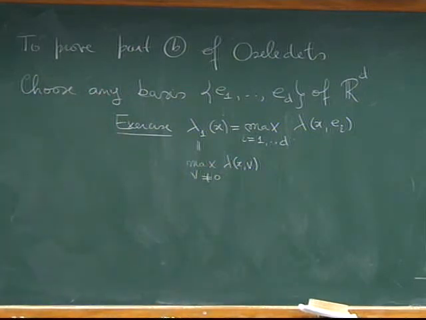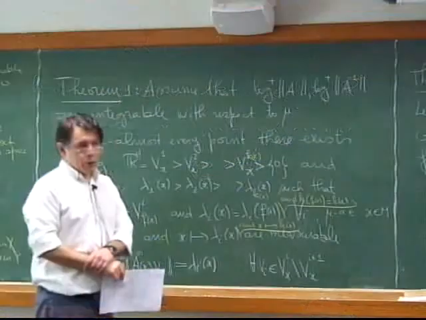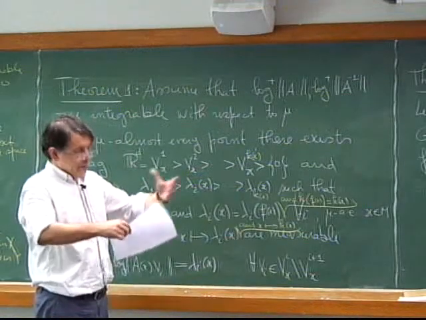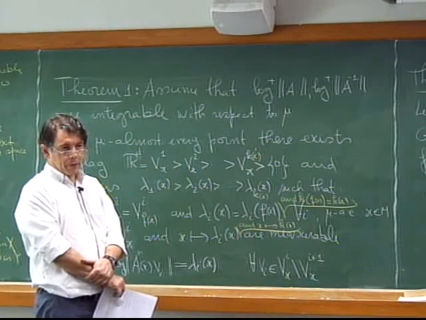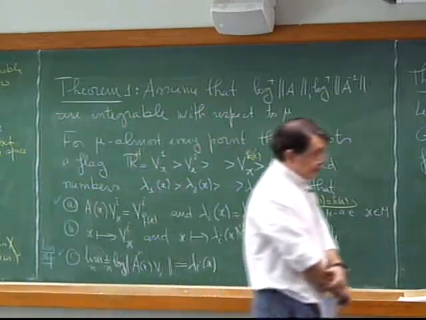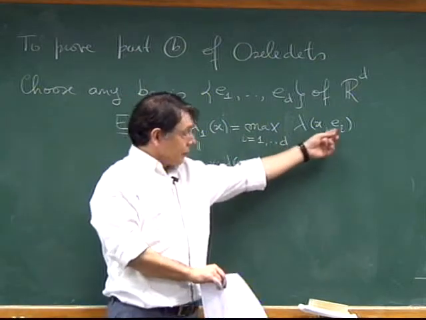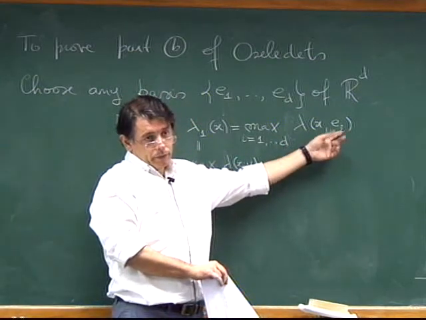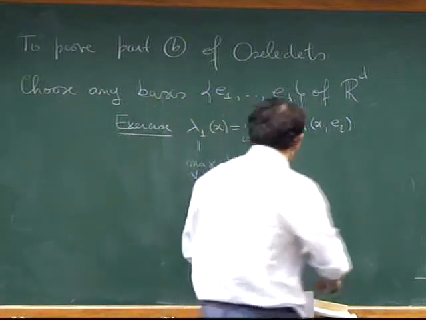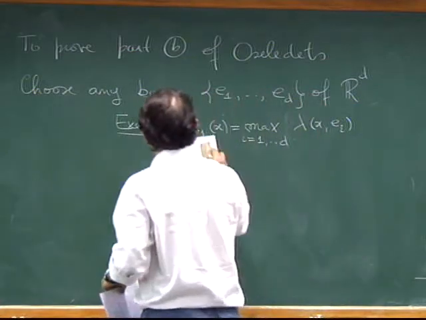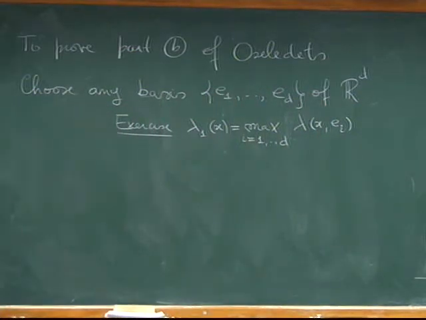The exercise says that if you take the maximum over a basis, you already obtain the maximum over all v. Why is the exercise easy to believe? Because every vector can be written as a linear combination of the elements of the basis, and so on. You relate the two maxima easily. So this is easy to believe.